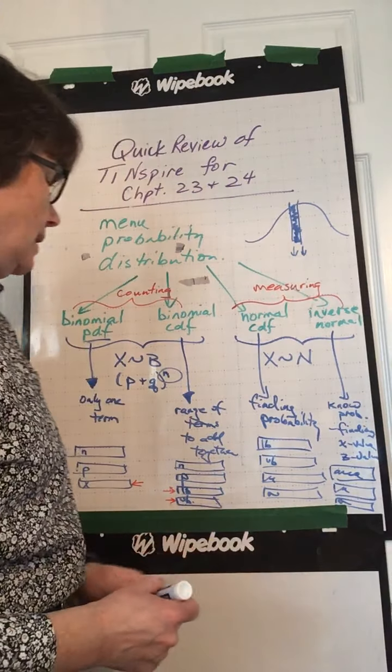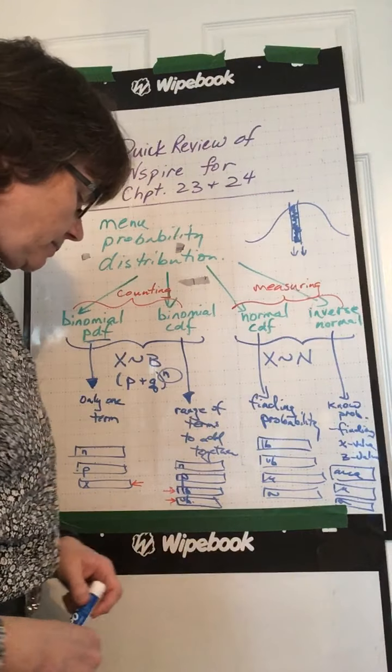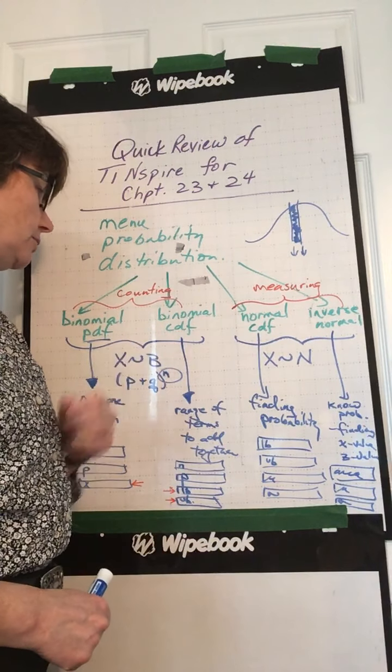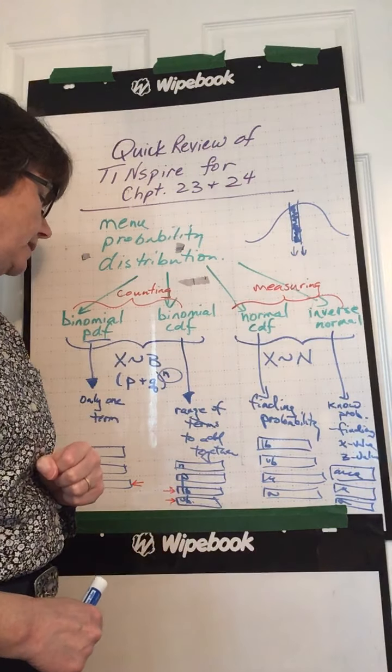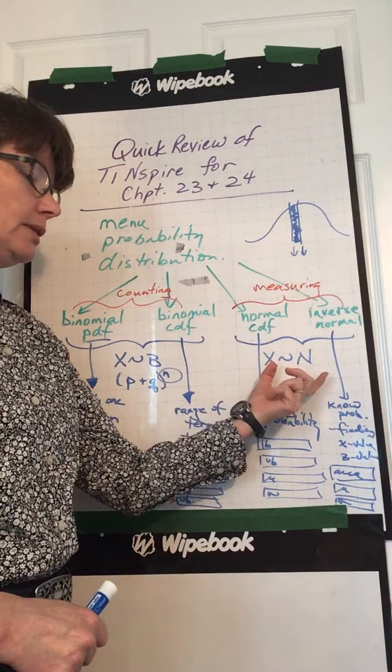So those are the 4 things we did with our TI-Nspire in chapters 23 and 24. 2 of them had to do with counting, binomial distribution, binomial PDF and CDF. 2 of them had to do with measuring.